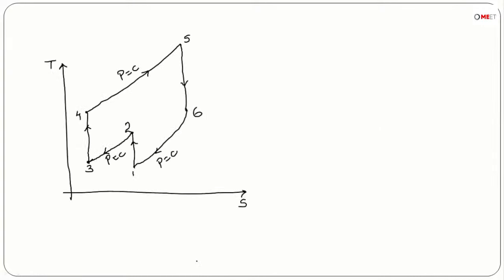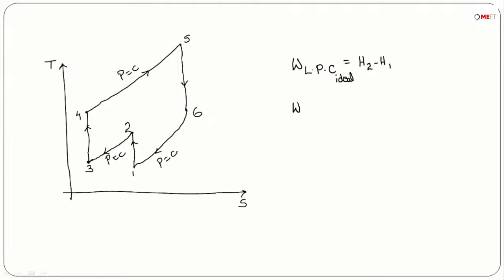Now let us take the work input to the low pressure compressor. This work input to the low pressure compressor is H2 minus H1. This is the ideal work input.